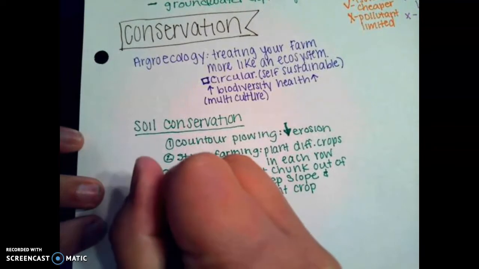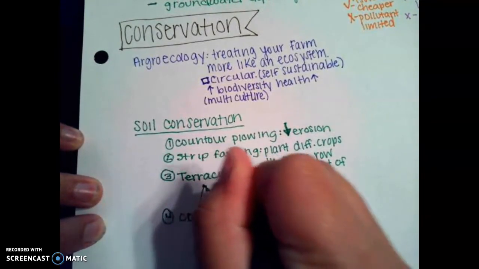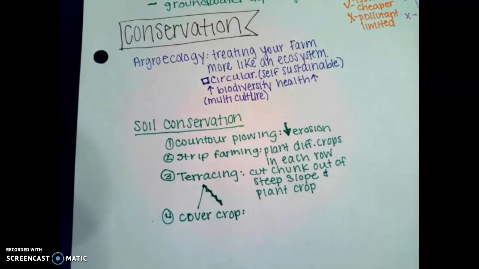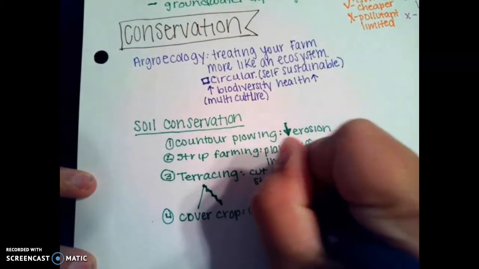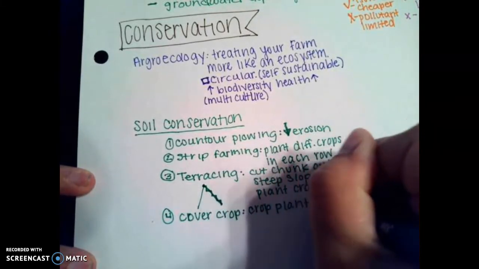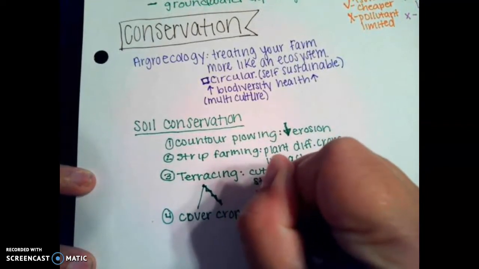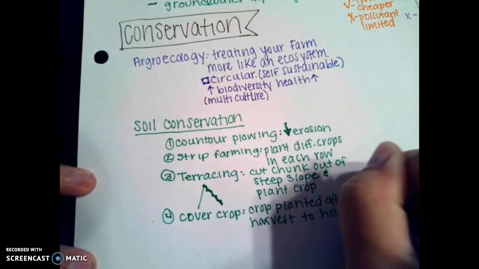Our fourth way to preserve the soil is to plant a cover crop. Many farmers do this, whether they are traditional farmers or regular farmers. This is a crop planted after harvest, and its main job is to hold the soil down.